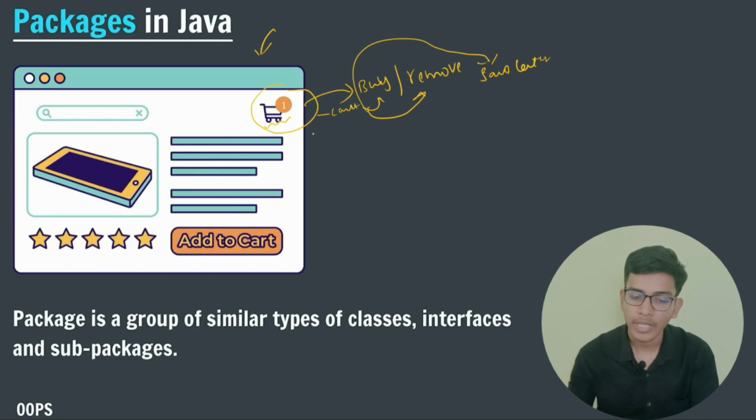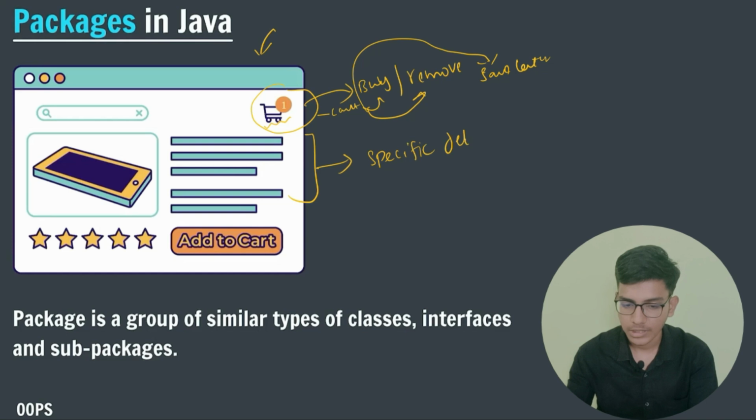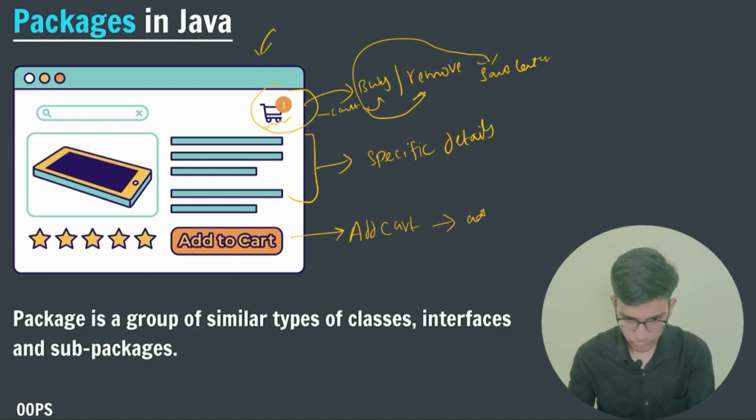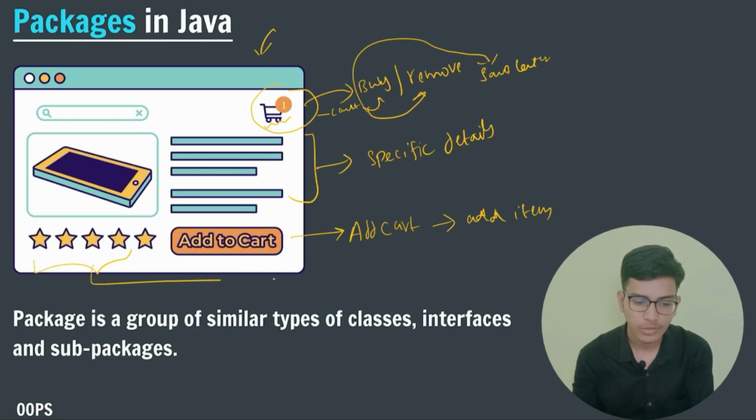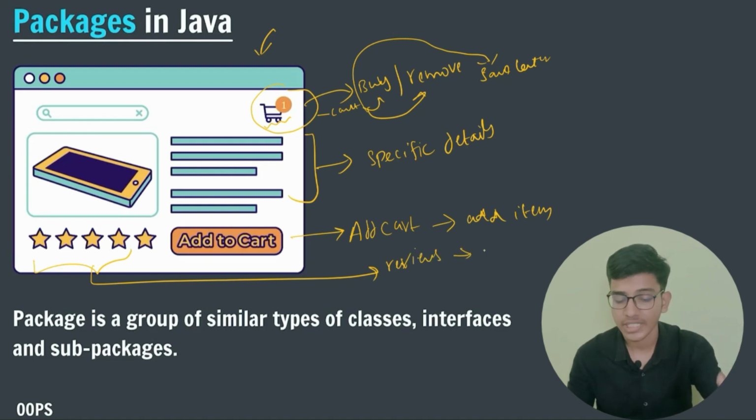After that, coming here, you can see that all the specific details will get shown here. In the add cart we will add that particular element. So add cart, we will add item, right? This is used to add items. After that, reviews are used to see the reviews.